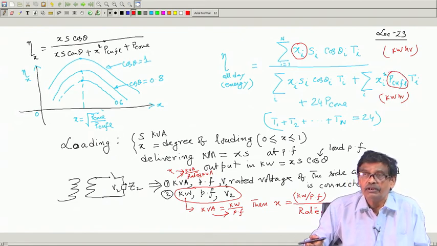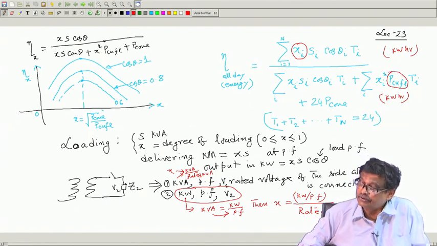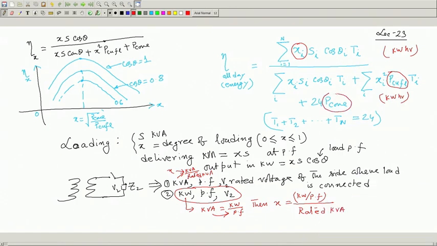When the windings carry rated current, it is the power loss that you get from your short circuit test. What is P core? P core is the reading of the wattmeter under the no load test. So, with those comments we conclude this part of this lecture, that is, the efficiency, how to calculate and estimate it.